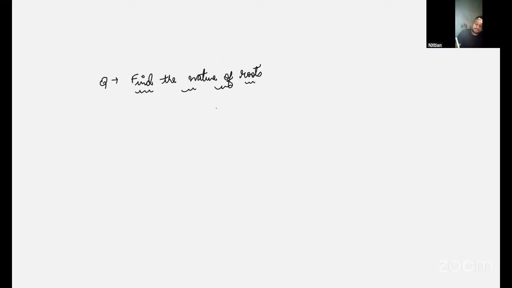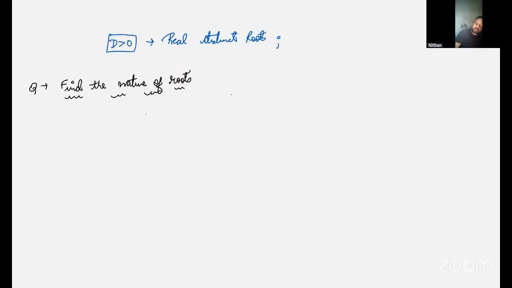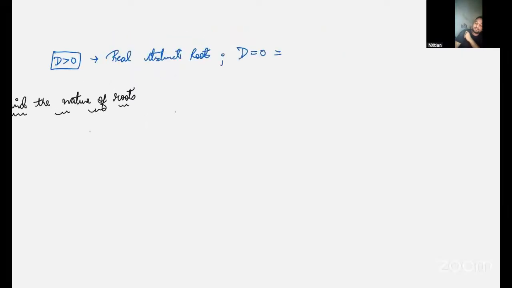Just for a repeater, I can write it like this. If D is greater than 0, like plus 1, plus 2, plus 9, then it will be real, distinct. Do you understand? Second, if D is equal to 0, then it will be real, equal.